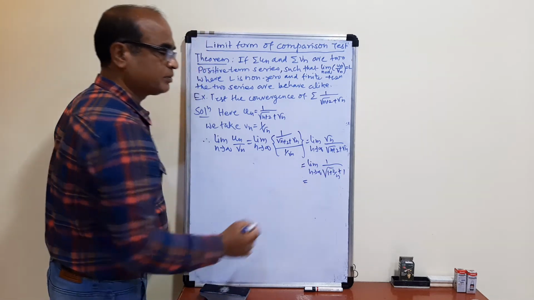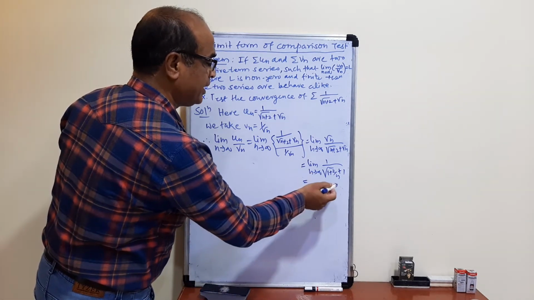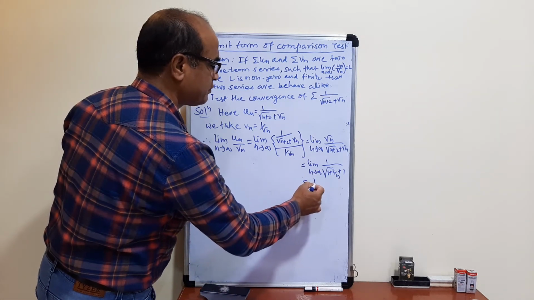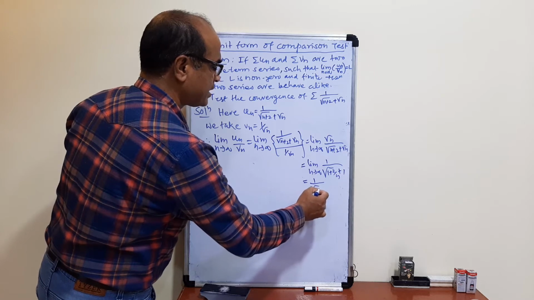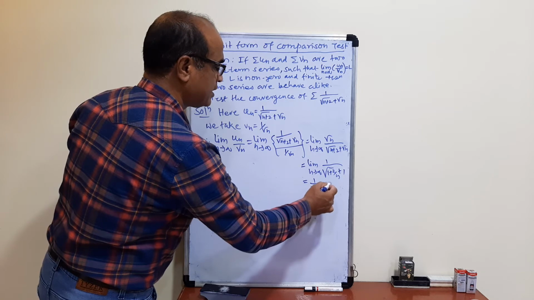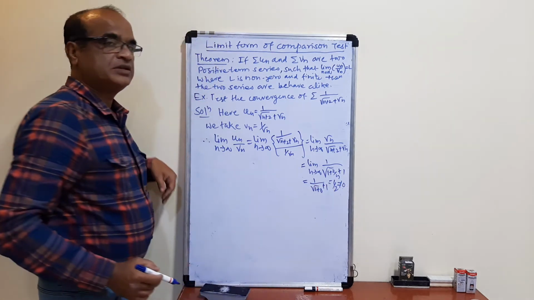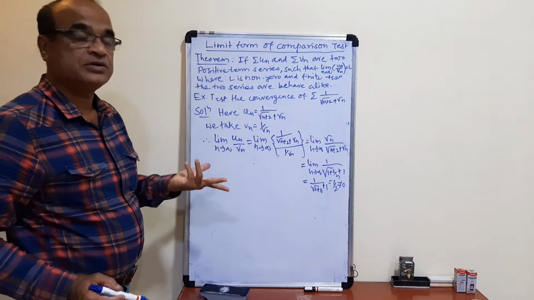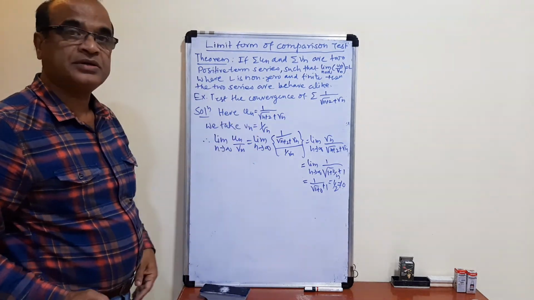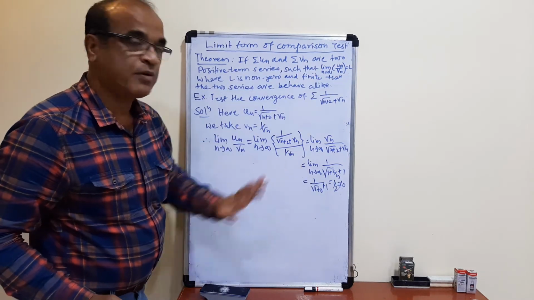So what is the limit of this? As n tends to infinity, 2 upon n tends to 0, so that is 1 upon root of 1 plus 0, plus 1. So this is 1/2, and this is not equal to 0. L is non-zero and finite. Therefore, we get L in this form.